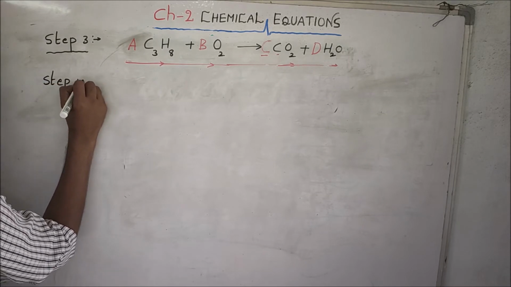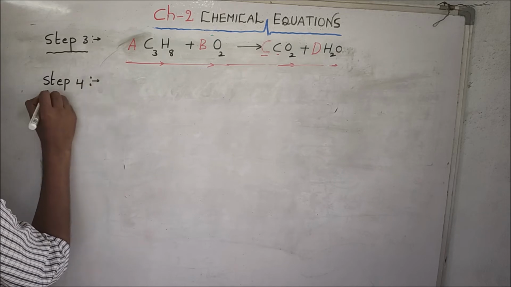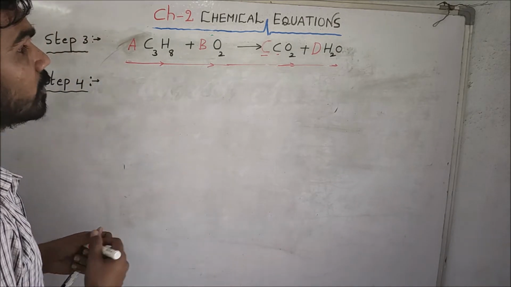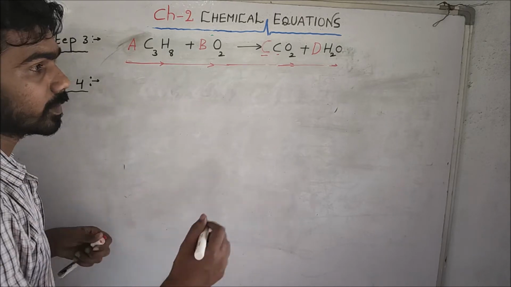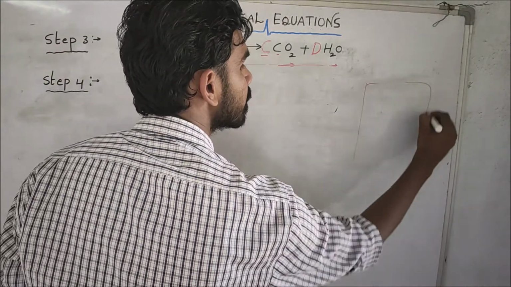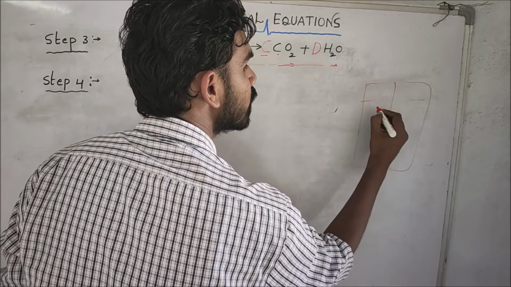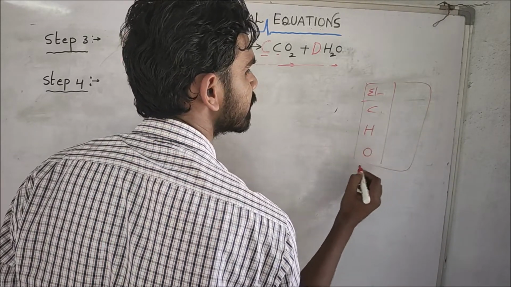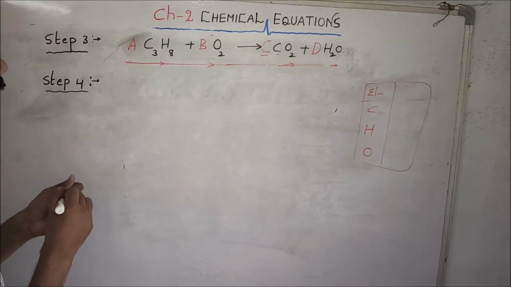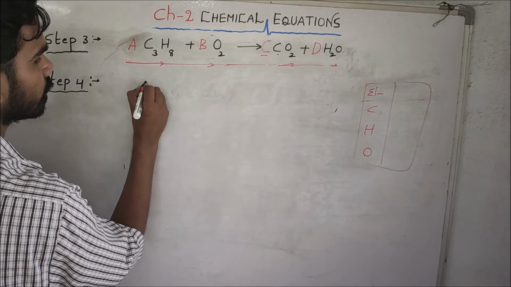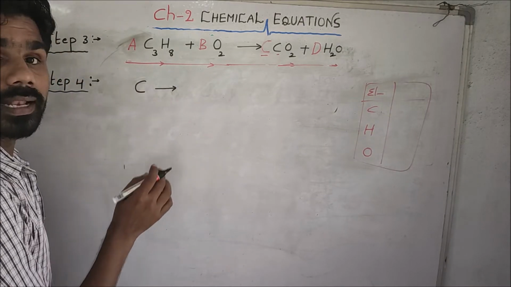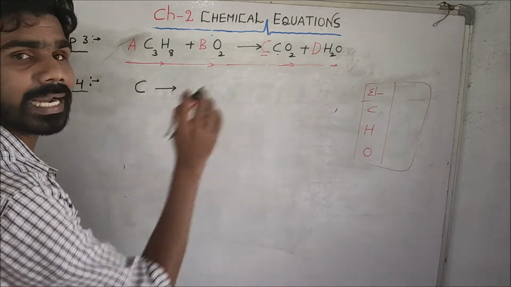Now step 4. What is step 4? Step 4 is writing equations. Now from table 2, the elements are carbon, hydrogen, oxygen. So first we take carbon. Carbon on the left hand side should be equated to the right hand side.